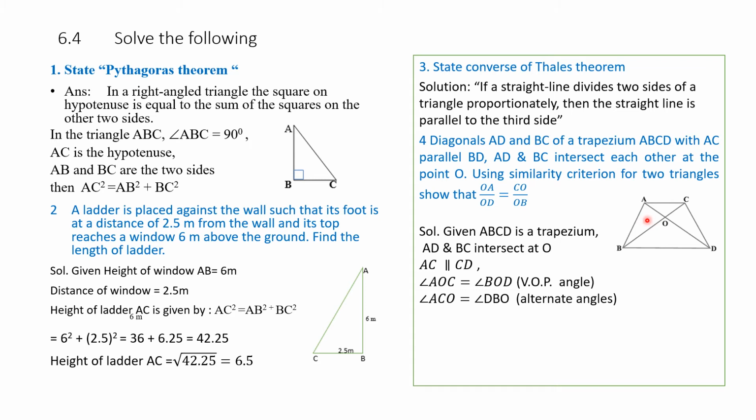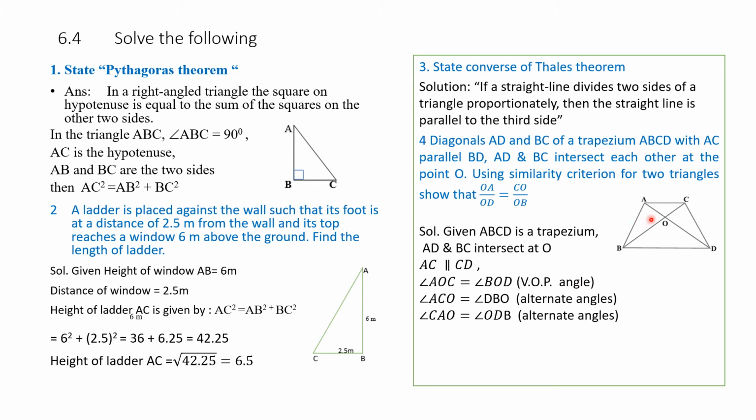These two angles you please mark in the book. You double-line mark it, this is equal to this because they are vertically opposite angles. You have to just remember it as scissors. It is just like scissors where two angles are equal. So angle AOC is equal to angle BOD.